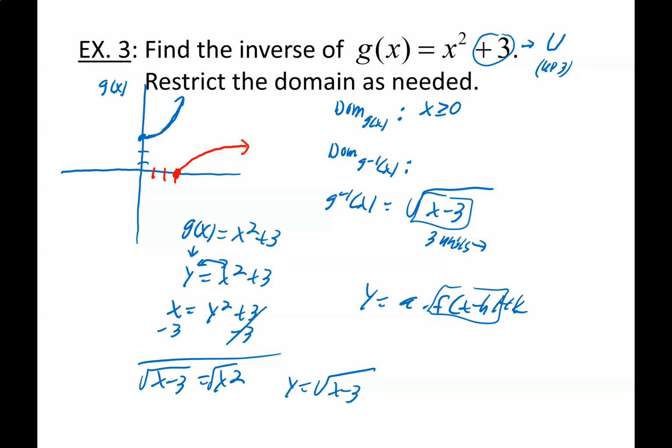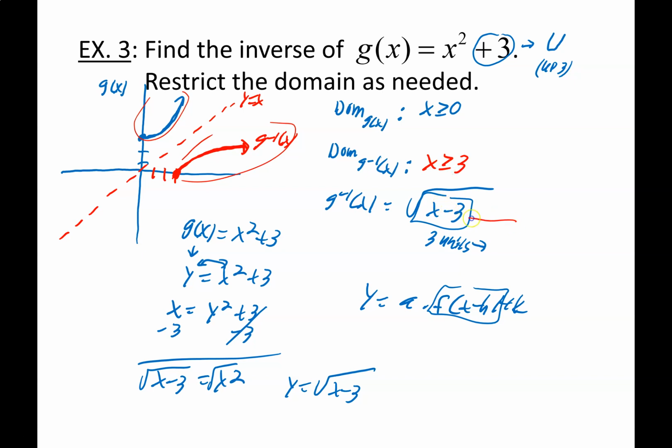And that's our square root function. Now, that is my g inverse. And again, if I draw that linear parent function, the line y equals x, does it cut it into 2 equal halves? It sure does. But is g inverse defined for all values? Well, no, it starts here at 3 and it goes on. So the domain for g inverse is that x is greater than or equal to 3.